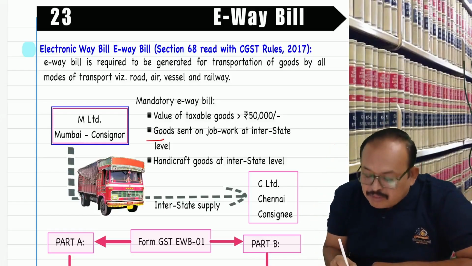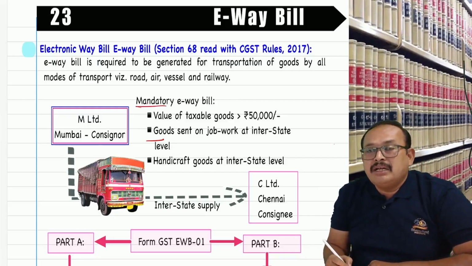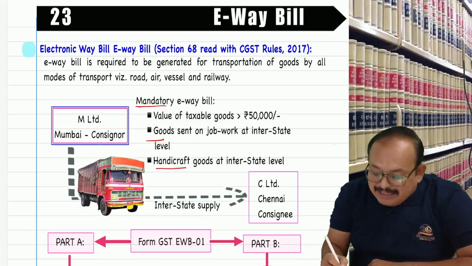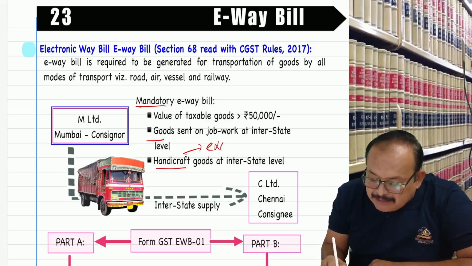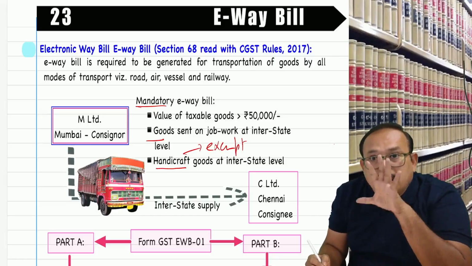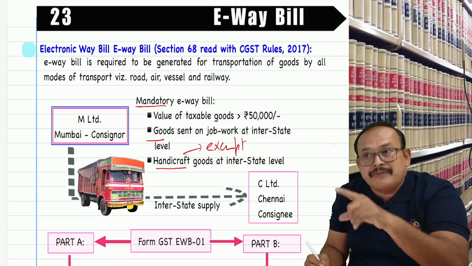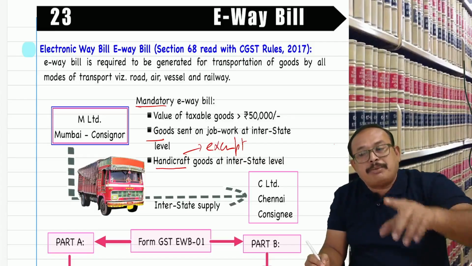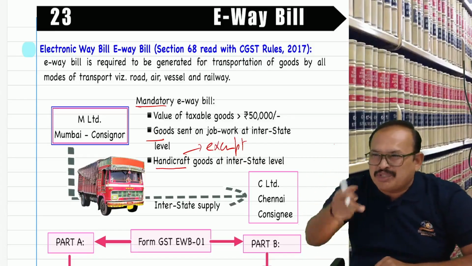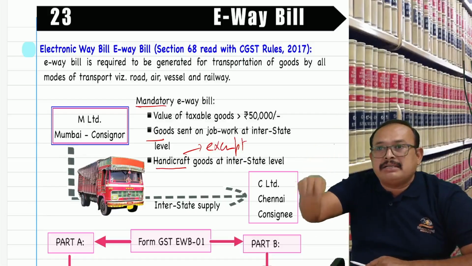Also, handicraft goods are basically exempt goods. But here the law very clearly says, hey Mr. supplier of handicraft goods, we know that your supply is exempted from the payment of GST. In spite of that, if you supply those goods at interstate level, you must mandatorily generate the e-way bill.